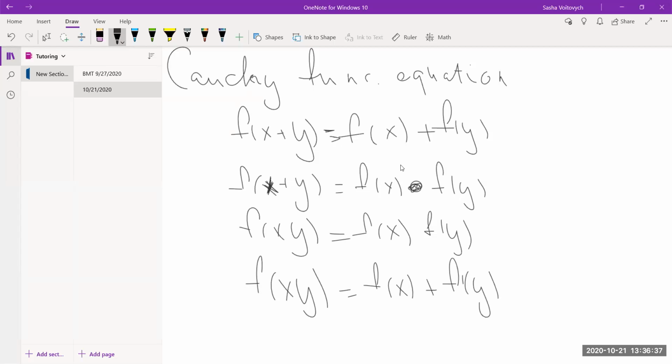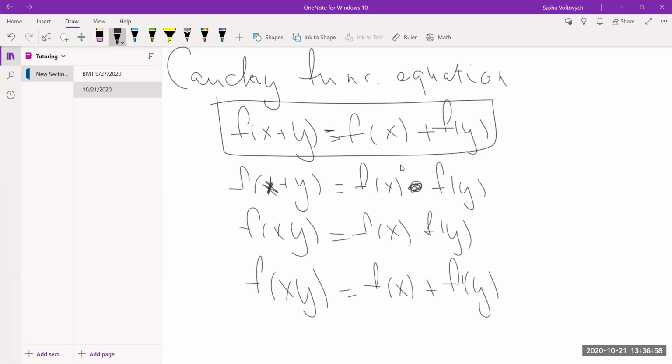So f of a sum or product equals the sum of f's or the product of f's. It's a family of Cauchy functional equations. It doesn't matter which you choose, since they all have similar approaches. So I will just choose the first one.